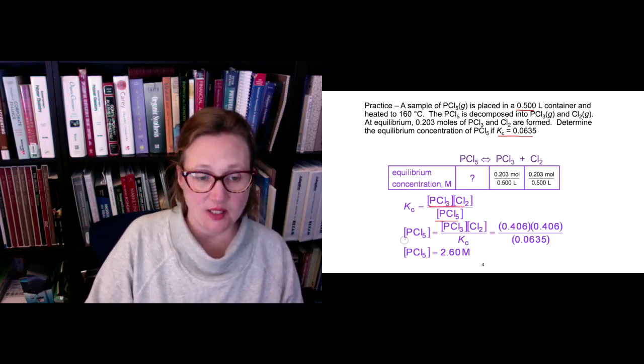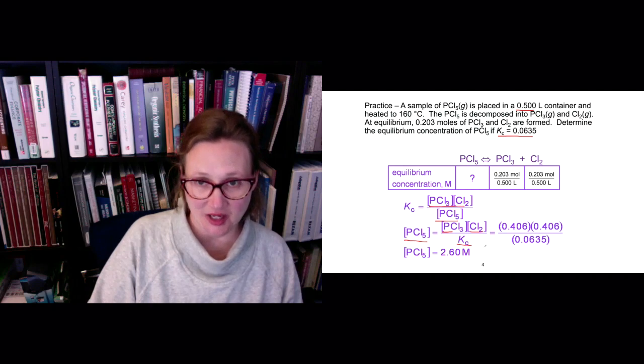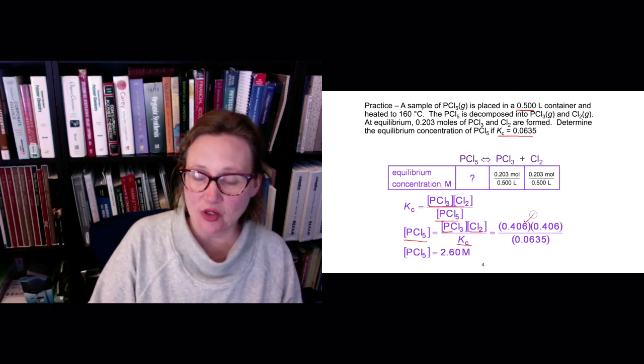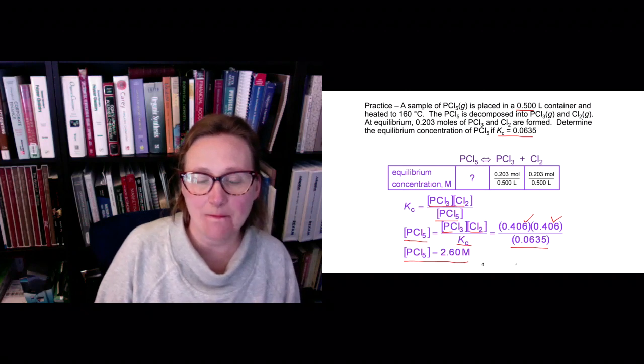PCl5 is equal to PCl3 times chlorine divided by Kc. We put in the concentrations we calculated and divide by our given Kc, so our concentration of PCl5 is 2.6 molar.